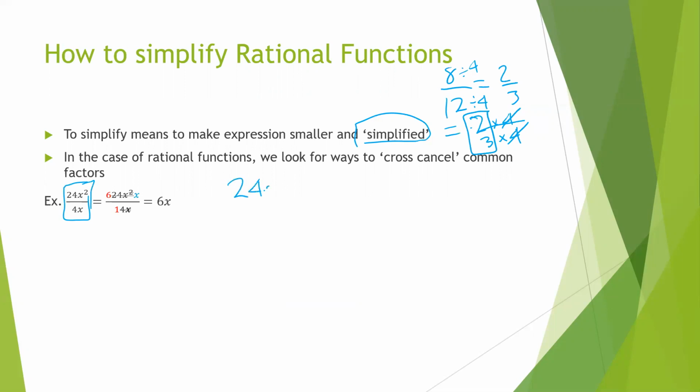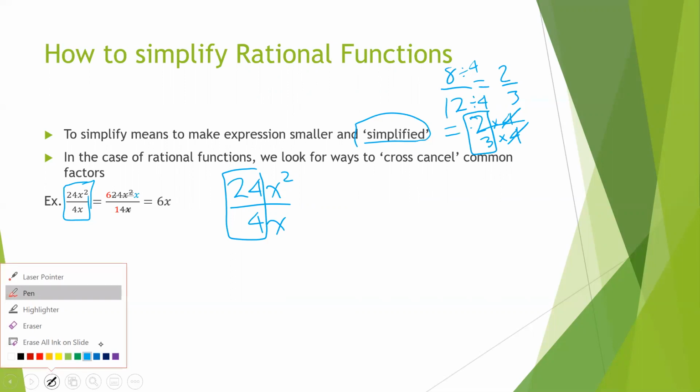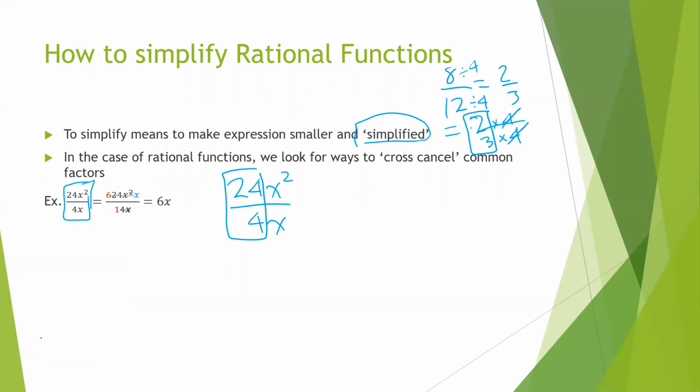If I give you something like 24x squared and then I divide by 4x, you're going to notice that the 24 and the 4 can actually simplify like this. Well, I could do the math here. 24 divided by 4 is 6, or I can make this even easier. I basically noticed that 4 goes into 24 6 times, so I reduce that to 6, and 4 obviously goes into 4 1 time, so I reduce that to 1.